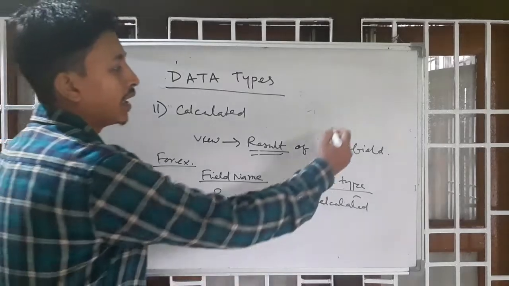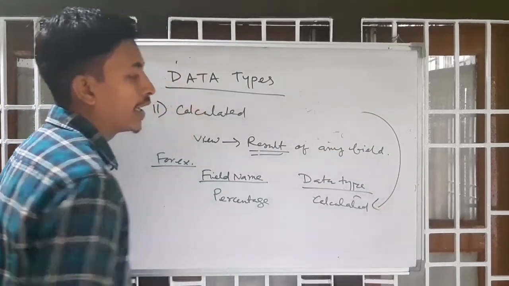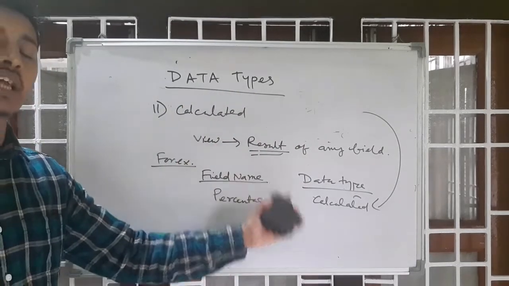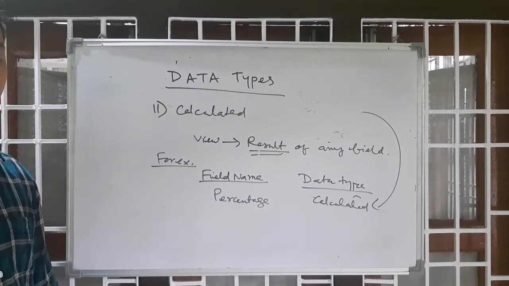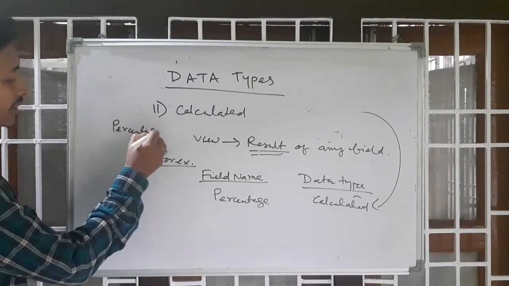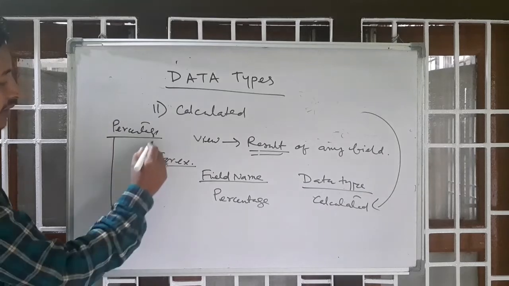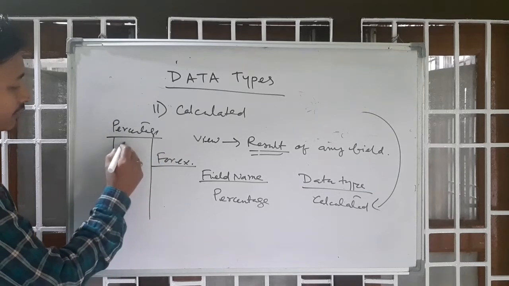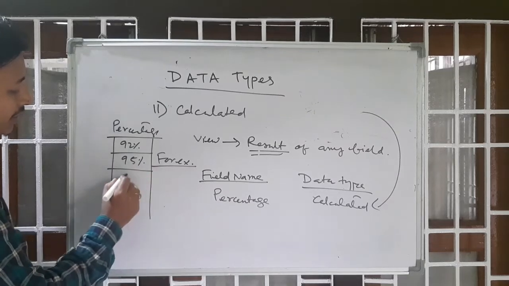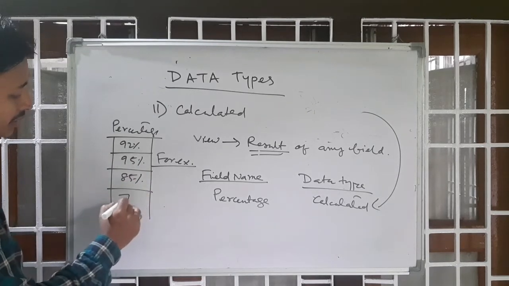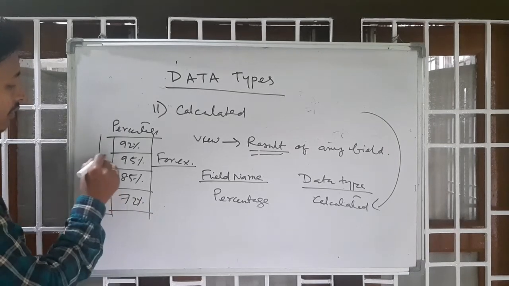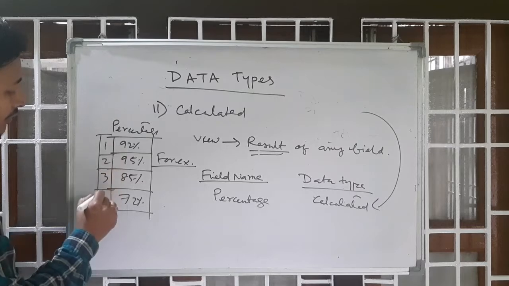It will give the result from the field where the percentage is calculated. For example, there is a field percentage. The first one is 92%, second is 95%, 85%, 72%. This is rule number 1, 2, 3, 4.